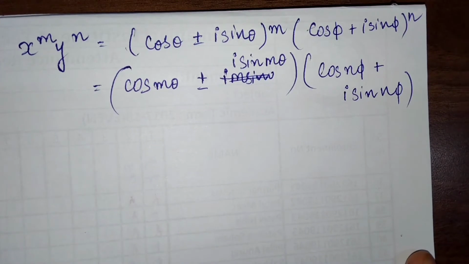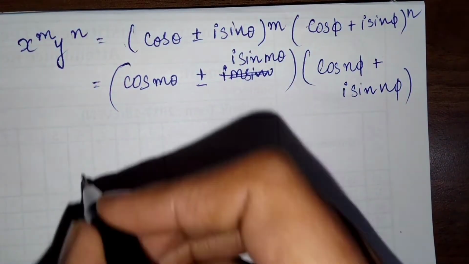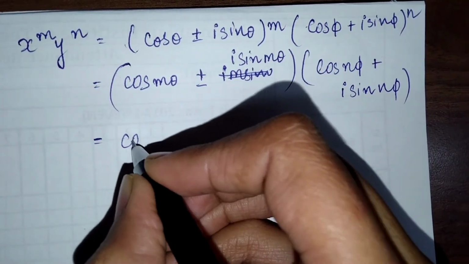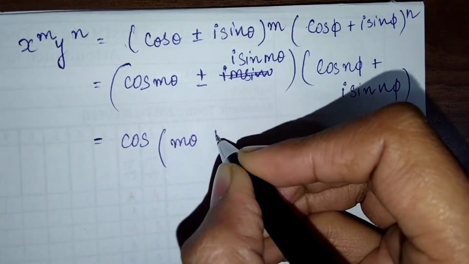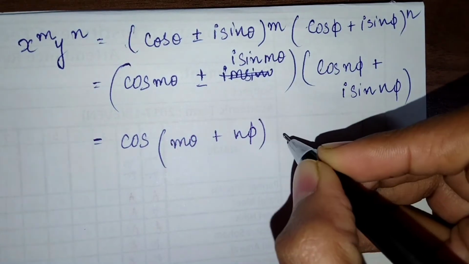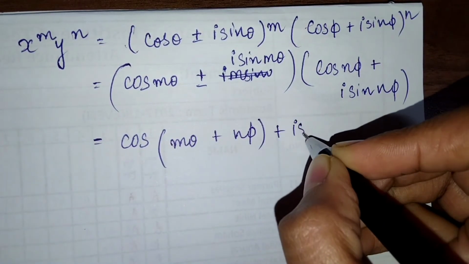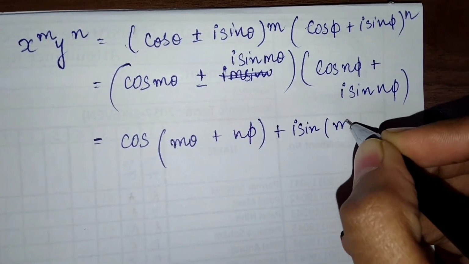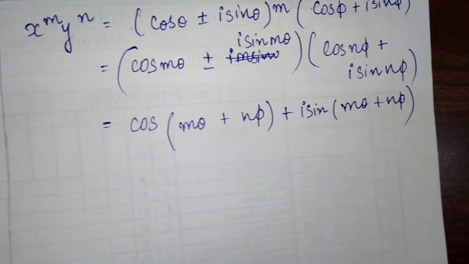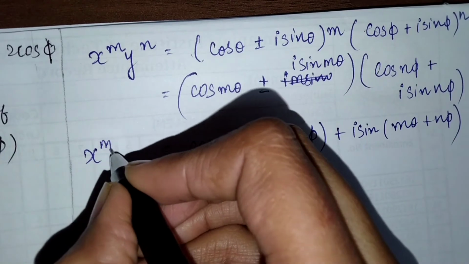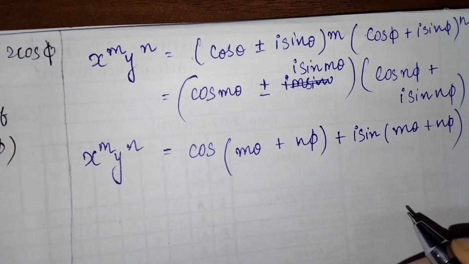Okay, and if we take cos terms common, then we will get cos (m theta plus n phi) plus i sin (m theta plus n phi). Okay, so this is the term we got, x raised to m and y raised to n.